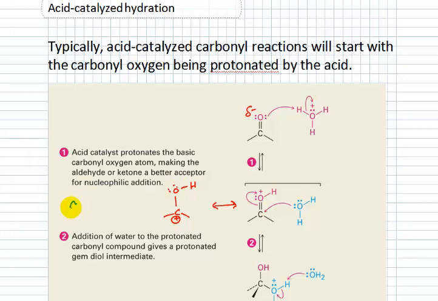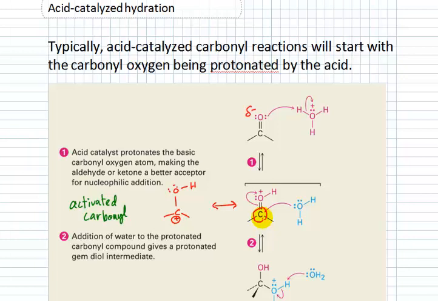This is an activated carbonyl. The O plus sucks even more electron density away from that carbon. Just like in hydronium, the H's are the electrophilic parts. In a protonated carbonyl, the carbon is the electrophilic part.